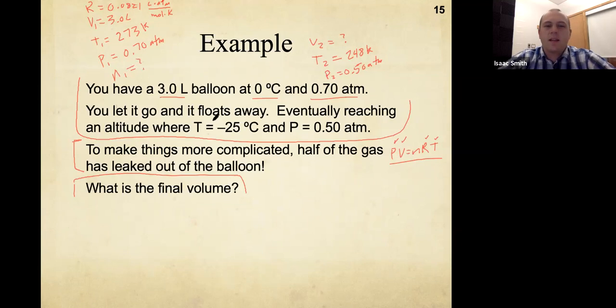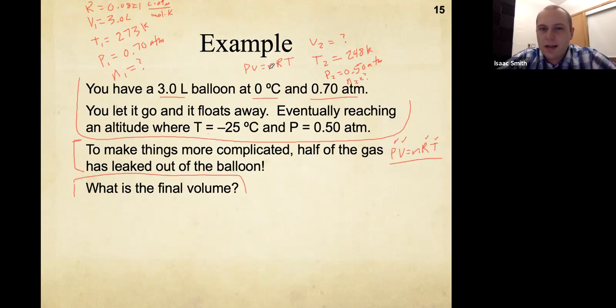I also don't know how many moles we have at the end. But I do know that half of the gas leaks out of the balloon, so I'm going to leave this blank for now. If I knew n, so PV equals nRT, I'm trying to find the final volume.